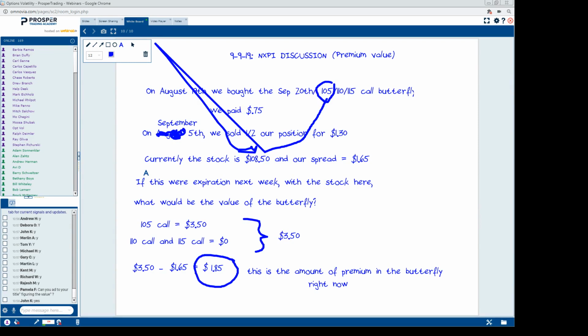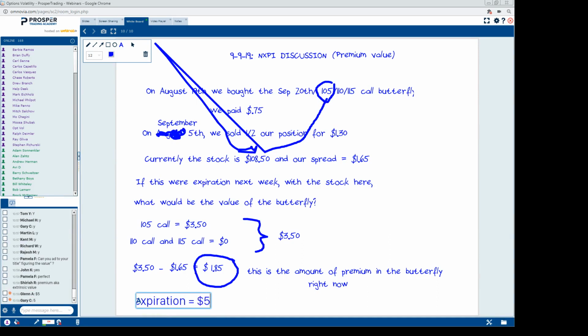Now, what can be the max value of this butterfly at expiration? Okay, what can be the max value at expiration?